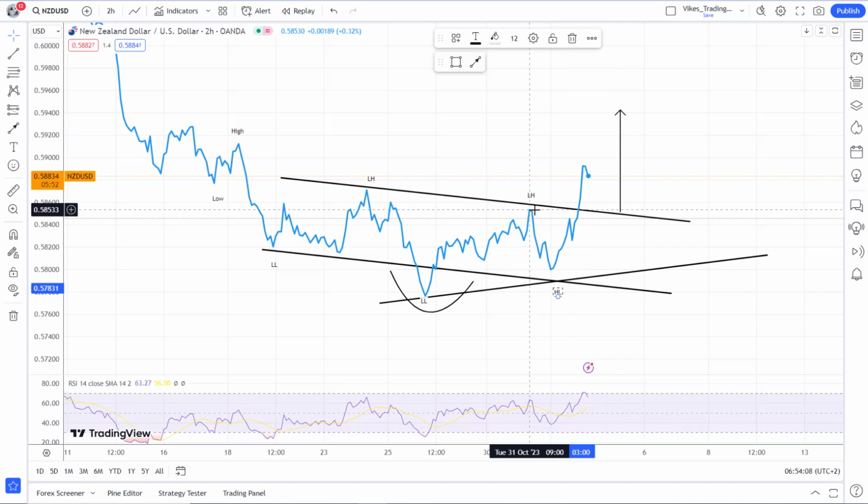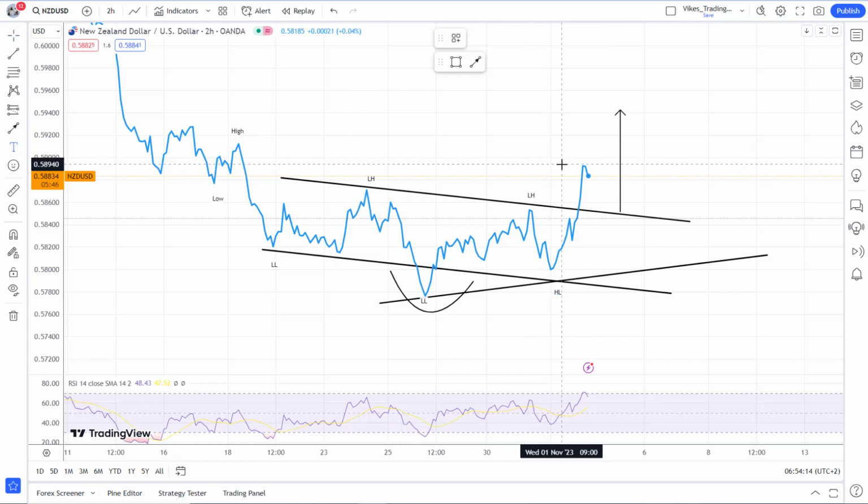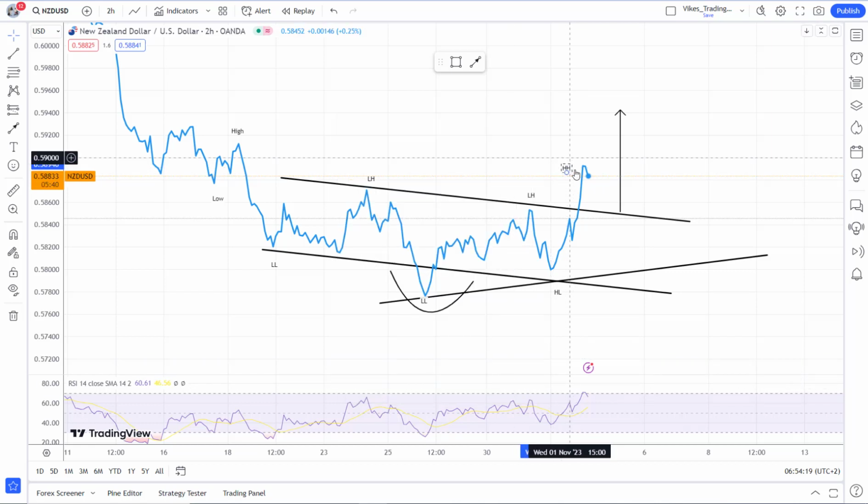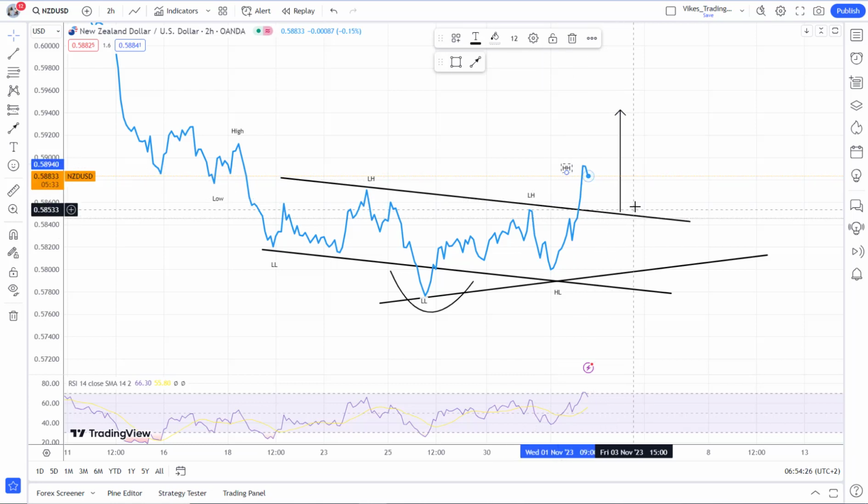You can see price has now breached this high here. So we are expecting the formation of a higher high, which we still don't know if it has been formed, because the high that will be formed here is higher than this high. Now we'll be expecting price to retrace back to around this neckline, reject it, so that we can look for execution of long positions.